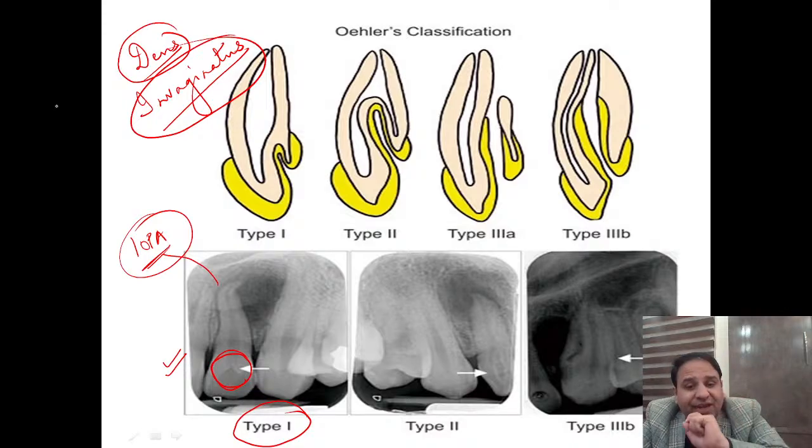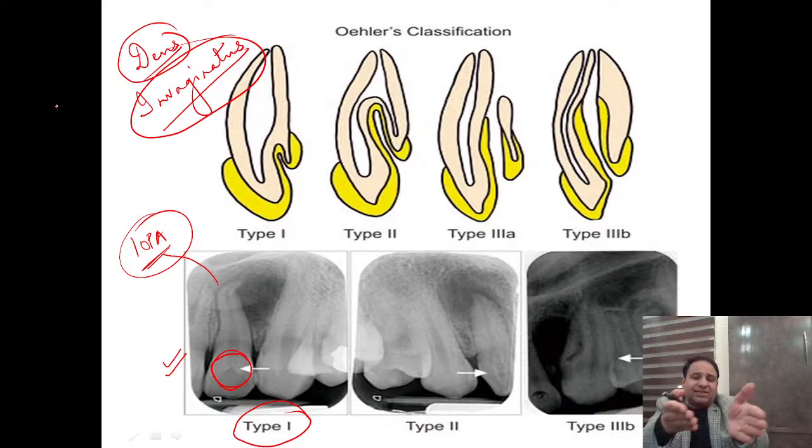This is important because in that infolding, caries can develop, pulpal necrosis can develop, periapical infection can develop. Please note down that the developmental anomaly associated with periapical infection is dens invaginatus. Pulpal involvement takes place very fast here.